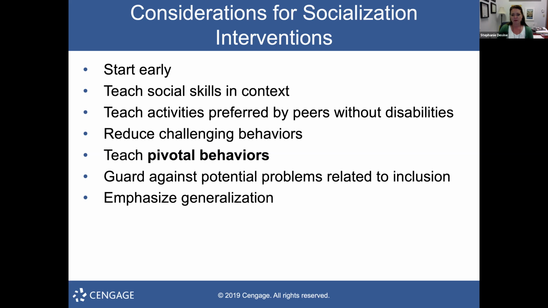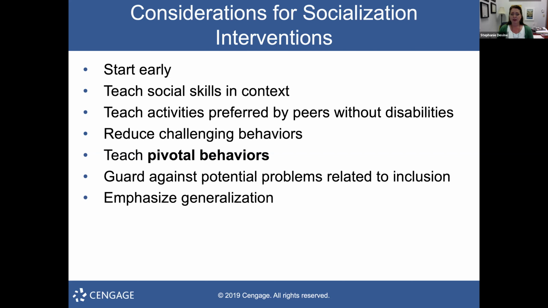And then you really have to be careful about over-reliance on adult support. So just because you send a paraprofessional in there does not mean you've created an inclusive situation. In fact, the research has shown when you do that, what happens is the teacher doesn't interact with the student, the peers don't interact with the student because they just rely on that paraprofessional to do it all. So now you've created a complete isolation of the student from peers, and what we see is an overdependence on that paraprofessional by the student, and it definitely inhibits generalization of skills.